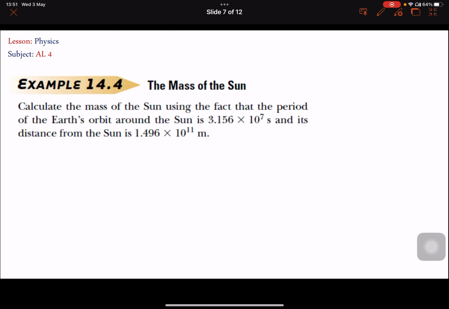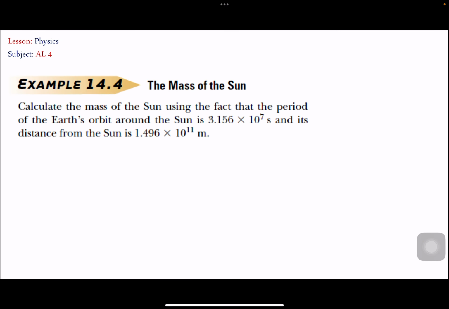Now, calculate the mass of Sun, let's solve one example, using the fact that the period of the Earth around the Sun is 3.156 times 10 to the power of 7 seconds, and its distance from the Sun is 1.496 times 10 to the power of 11 meters. Now, what should we do?